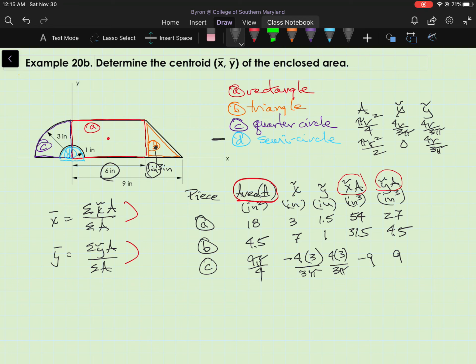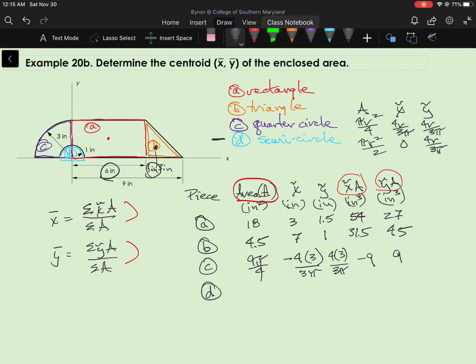Now the final piece was that semicircle, which is a hole, which is negative. There's nothing there, so we have to subtract that back out since we already, between the rectangle A and the quarter circle C, we've included that area that semicircle sits over, so we need to subtract it back out.